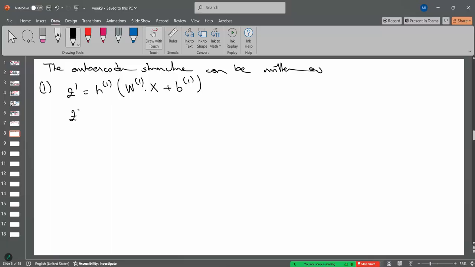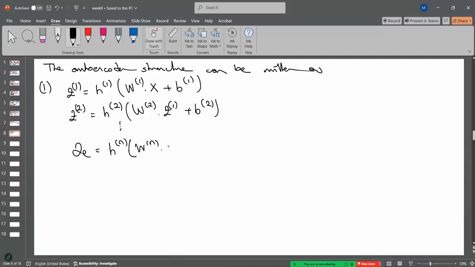And after that, in the second layer, we generate H2 of W2, and the input of this is now Z1, plus B2, okay, and so on, and at the end of this chain we have theta_e, the latent space variables, hn of Wn times Z(n-1) plus Bn, okay. This is the encoder part.